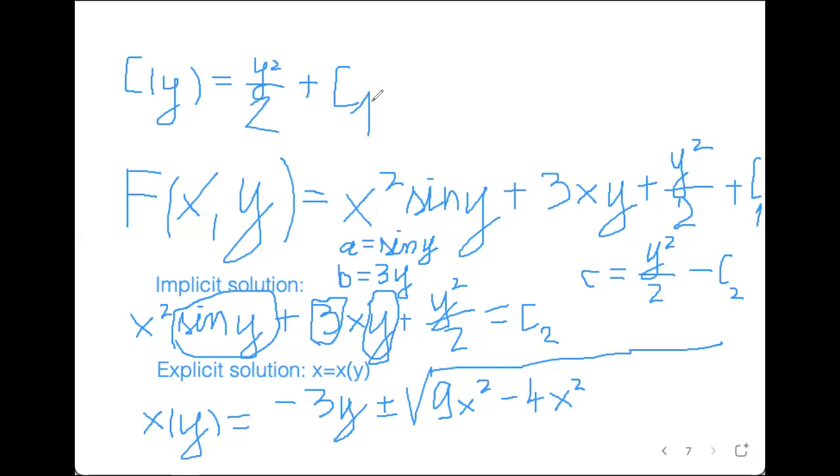Right, and here inside it's 9y squared minus 4 times sine y, so 4a, that's sine y, times y squared over 2 minus c2.